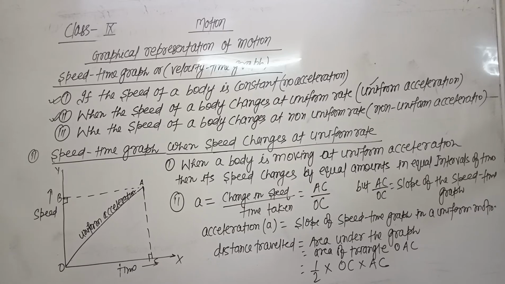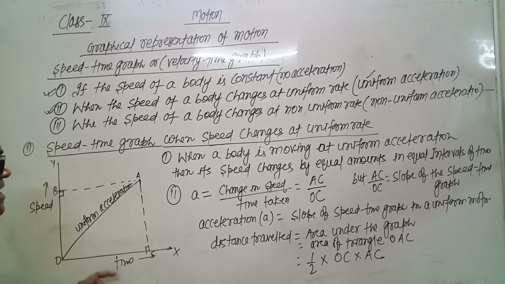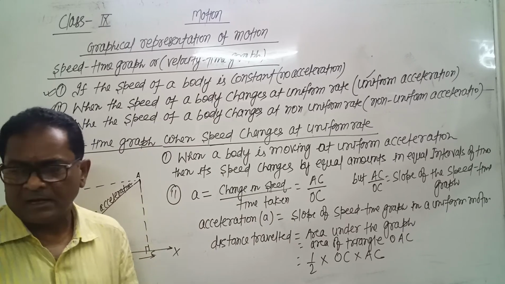So the distance travelled in a speed time graph is found by calculating the area under the graph. So we have seen that in a speed time graph, when a speed changes at uniform rate, the distance travelled equals the area under the graph.